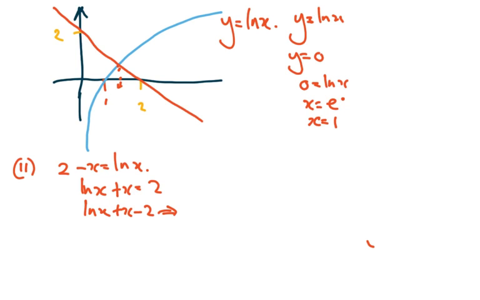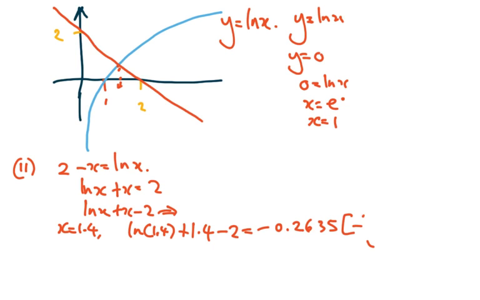This is the function. So when x equals 1.4, what is the value? ln 1.4 plus 1.4 minus 2, and the answer is negative 0.2635. It's a negative value.